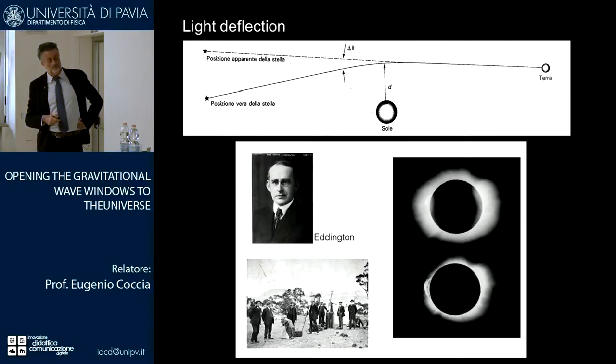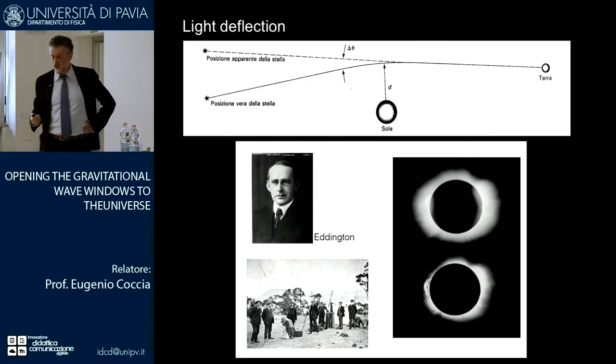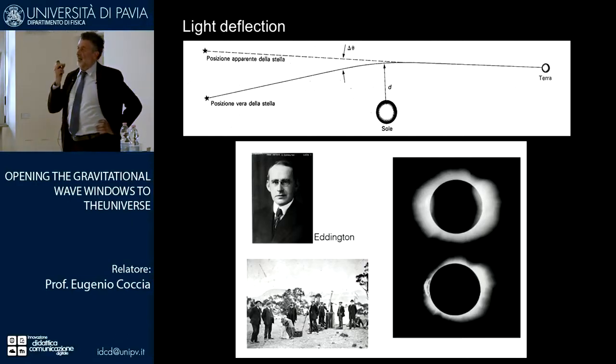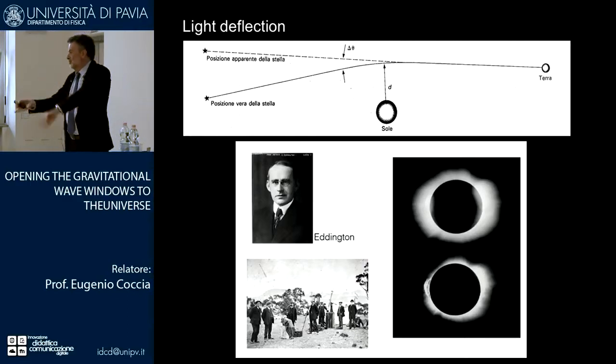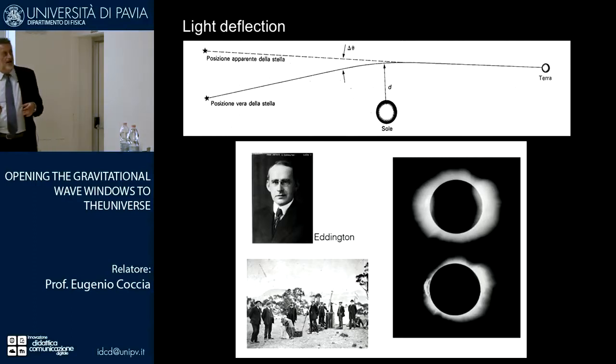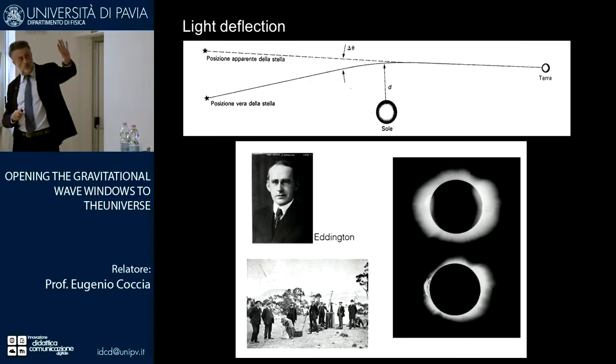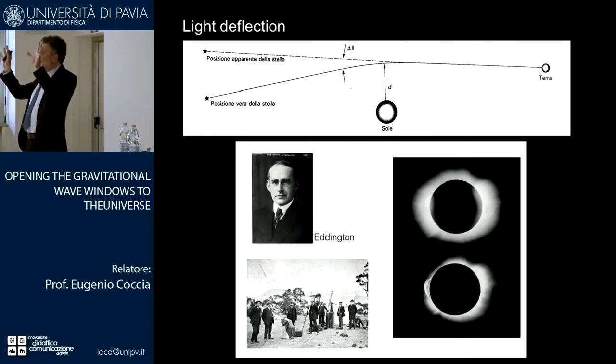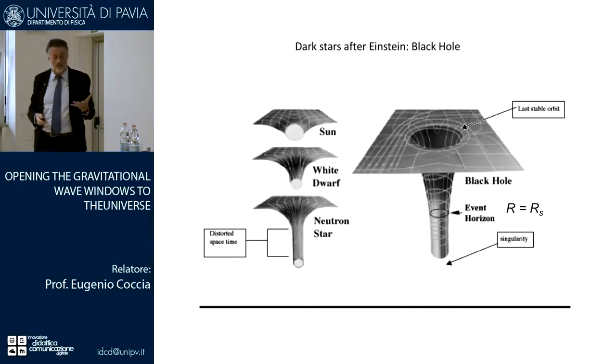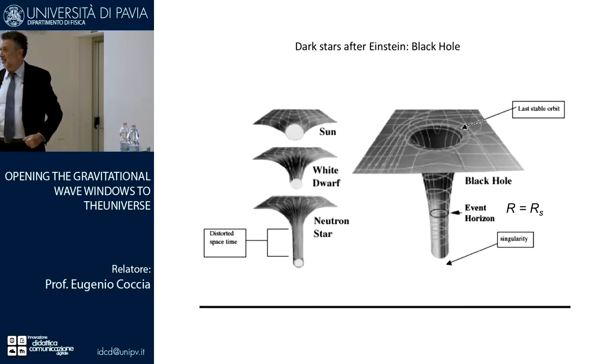So what Eddington did was to have an expedition to an island in the Atlantic Ocean in 1919, where a total eclipse was predicted. And the stars around the sun, when the moon was on the sun, of course it was possible to see the stars around, were in a different position. They were in a different place respect to the position they had without the sun in this position there. So it demonstrated that actually Einstein is right.